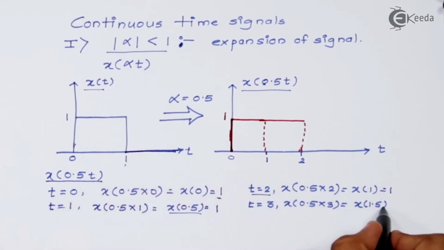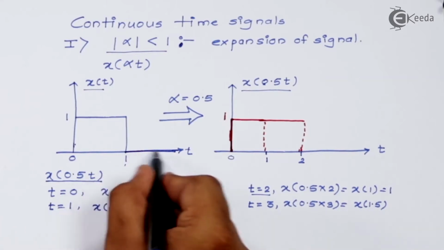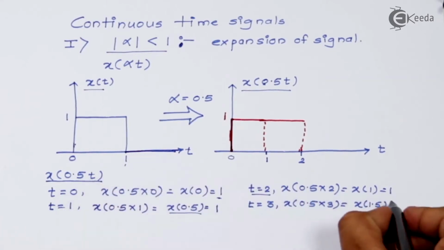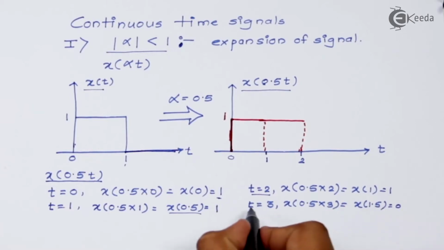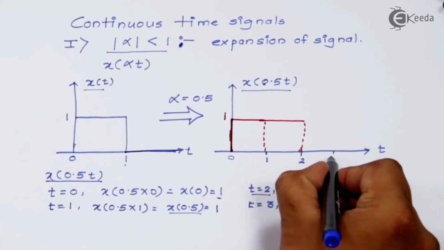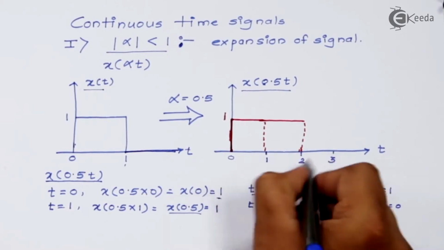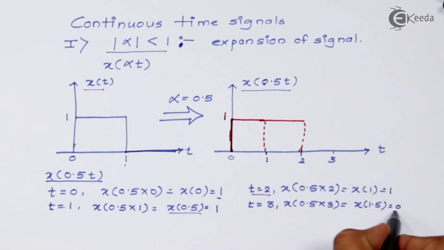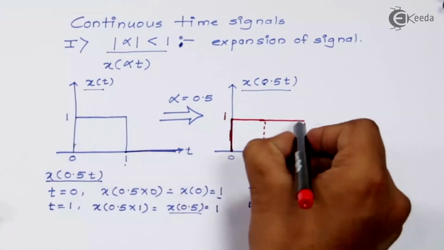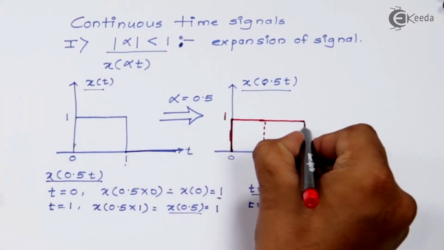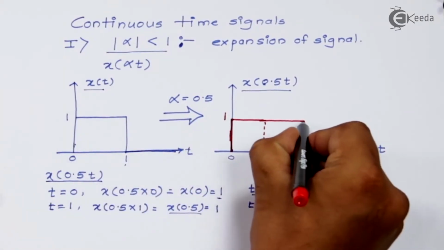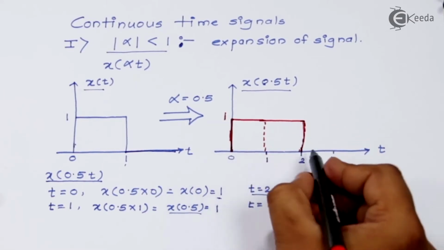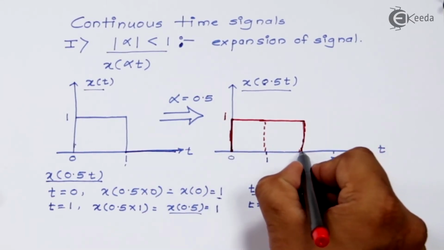So for x of 1.5, this 1.5 comes after 1 and it has amplitude 0. So if I calculate the values of this graph for t greater than 2, you will get amplitude 0. So actually your graph is up to 2, and after 2 the amplitude becomes 0.